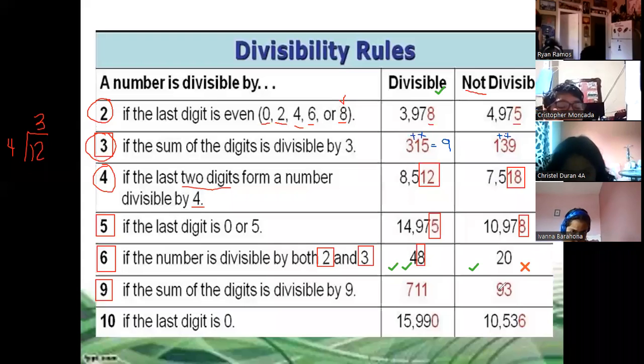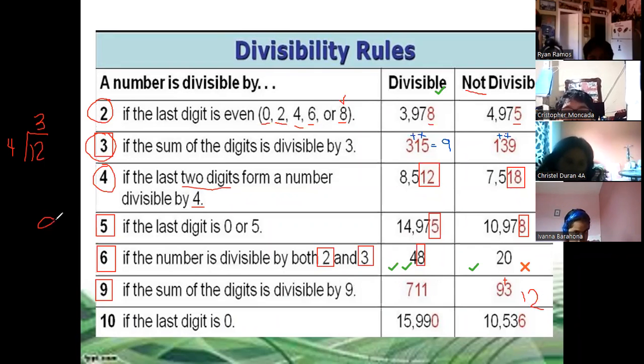Now this one, 9 plus 3, 12. Oh, I'm sorry, I get confused in this one because we have to divide by 9. So 7 plus 1, 8, plus 1, 9.